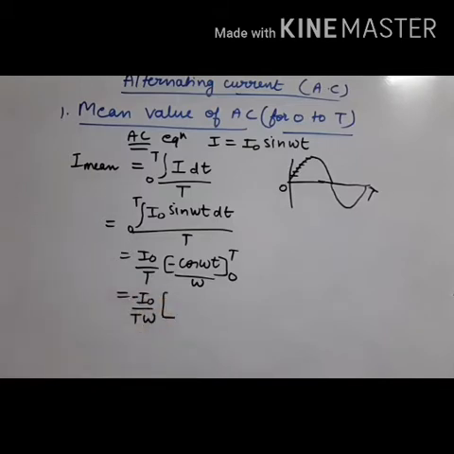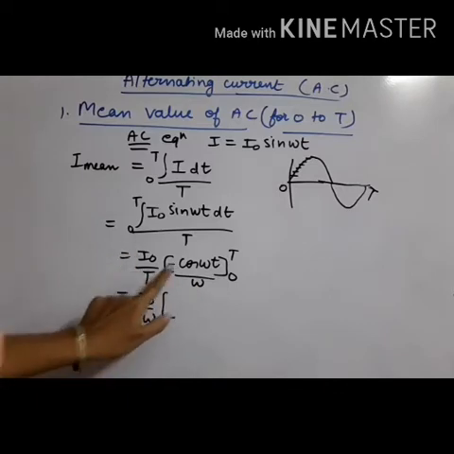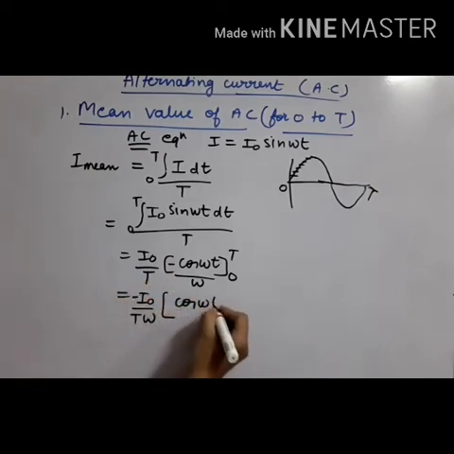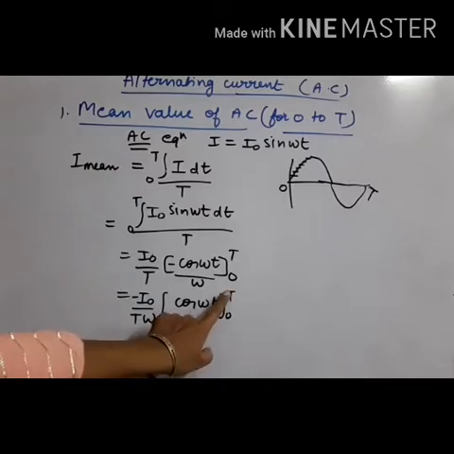So you can see all the constants I have taken out, I0 by T, omega and the minus sign, and then the limits we have to substitute on cos omega t. Now the limit formula is upper limit minus lower limit. So in place of this time we first put the upper limit, then the lower limit.